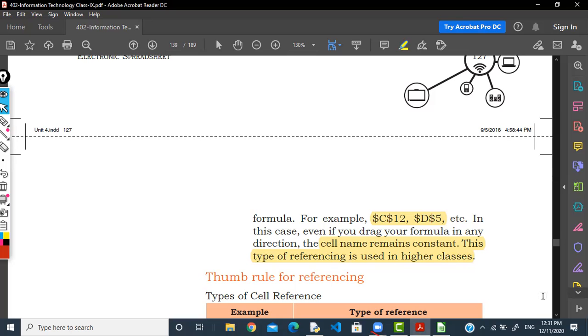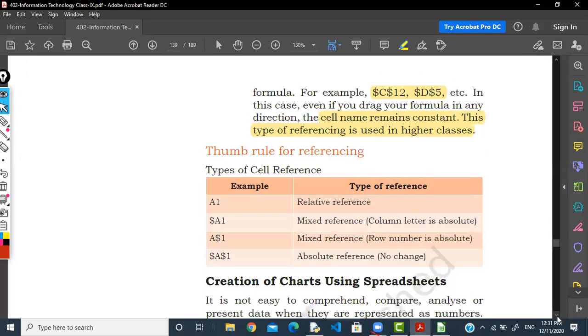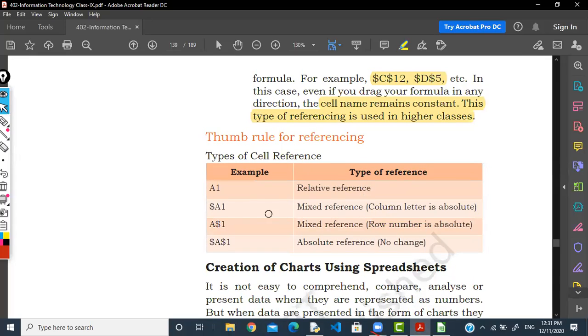There are some rules of thumb for you all. A1 is the relative reference. $A1 is mixed; here the column is constant. A$1 is also mixed; here the row number is constant. And $A$1, here both are constant, meaning nothing will change. In relative, the column will change and the row will also change.